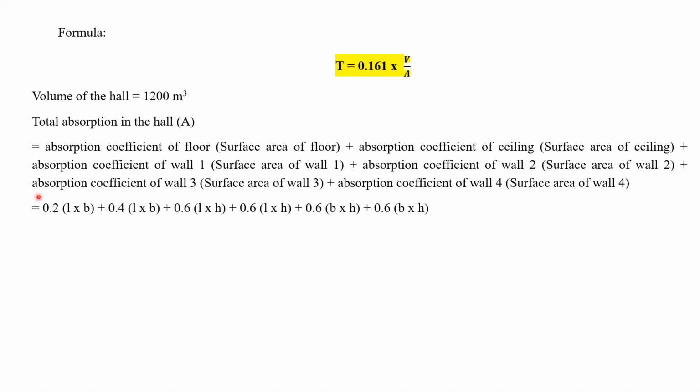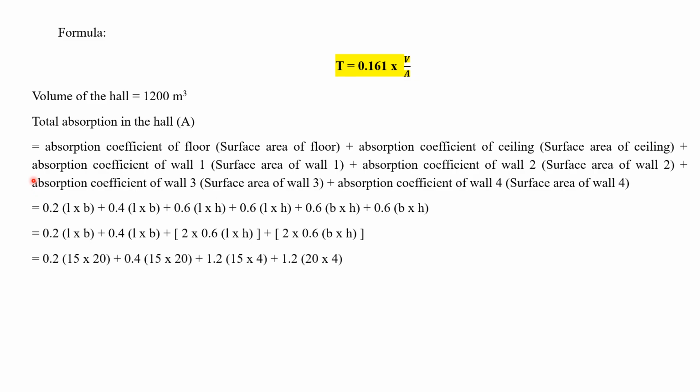So now by putting the values into the formula, you may calculate the things, and ultimately you are going to get total absorption is equal to 348. So put the values into the formula. Total absorption is 348, and the volume is 1200. So the formula is T is equal to 0.161 into 1200 divided by 348.